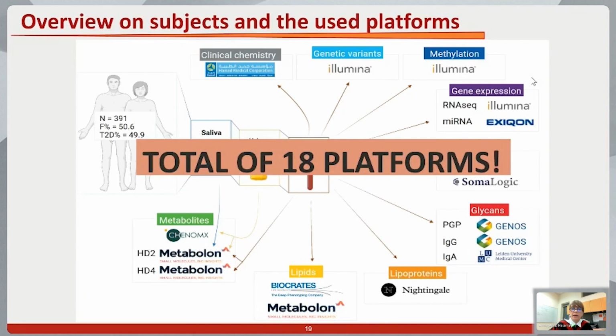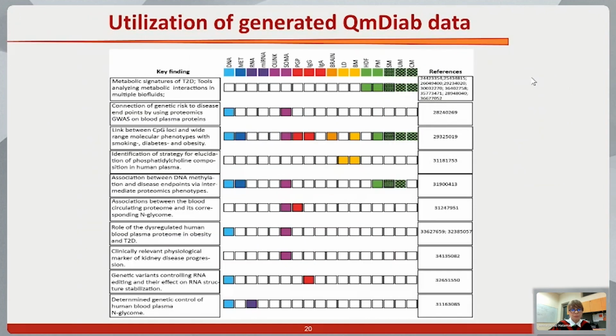So overall, we had 18 platforms, which were covering 8 different omics, coming from exactly the same samples. Of course, we were using this data pretty extensively, especially to answer multiple questions reflecting on the diabetes signatures, but also looking for different GWAS associations and EWAS associations. This is just a brief overview of the studies which have been conducted using our QM-DIAB study.